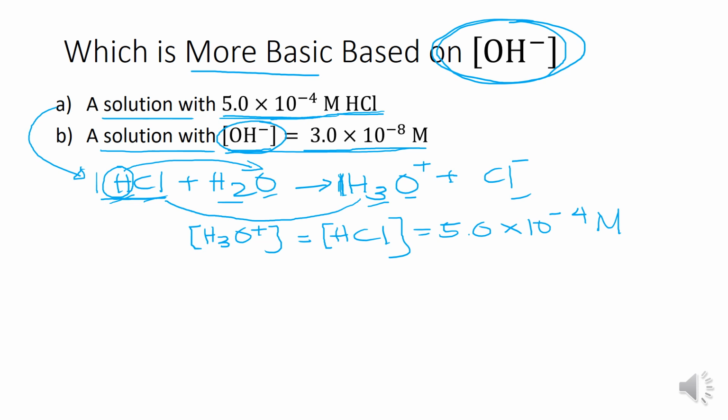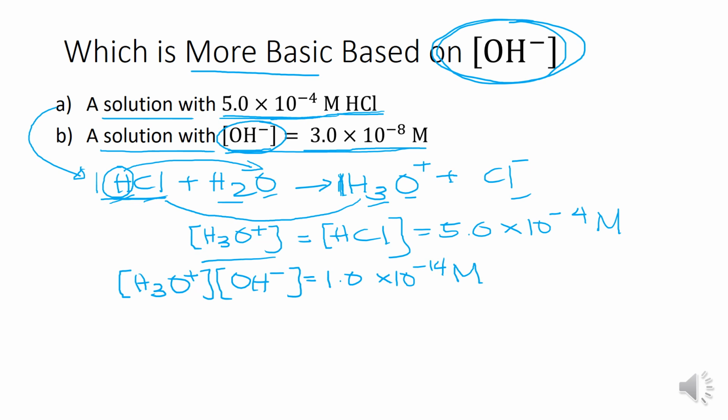We can now use this hydronium ion concentration to solve for the corresponding hydroxide ion concentration, using the same equation that we used in the previous problem. So you have hydronium ion concentration times hydroxide ion concentration is equal to 1 times 10 to the negative 14 molarity.